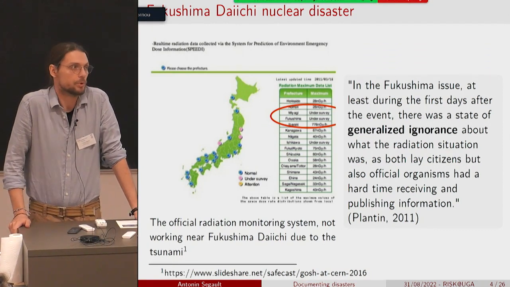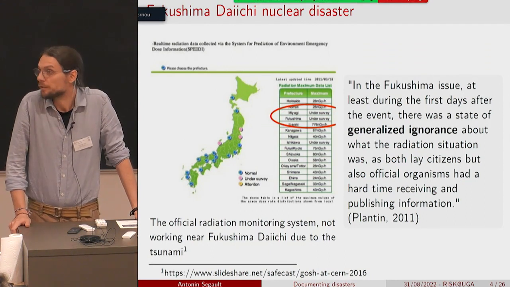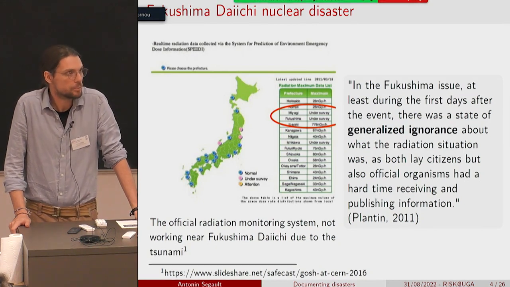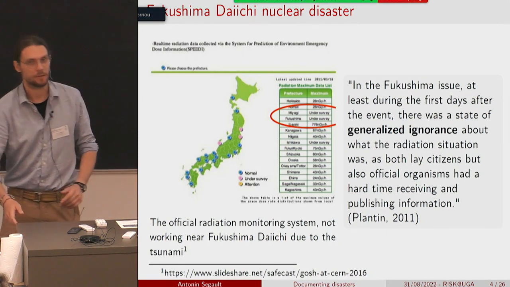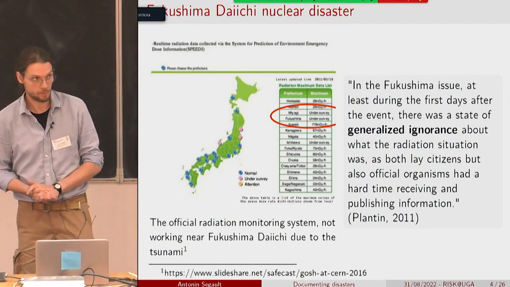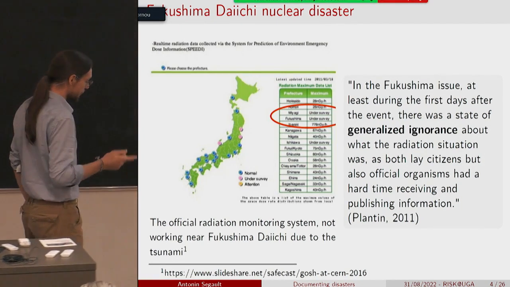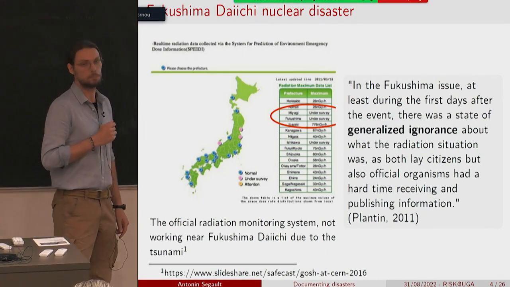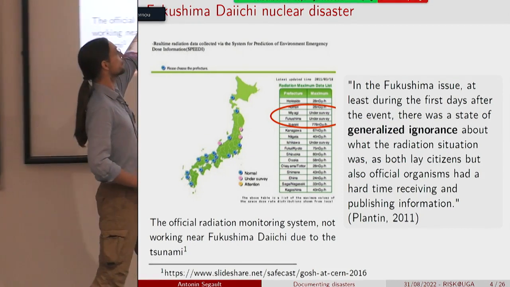So one of the tricks with nuclear disaster is that radioactivity is invisible, and you can only assess it through measurement devices, like Geiger counter, which are quite rare, quite complicated to use, and quite expensive. Before this disaster, Japan already had a large network of measurement stations operated by the government, but you need not to forget about the tsunami, and the tsunami had damaged some of those stations, particularly the ones that were the closest to Fukushima.